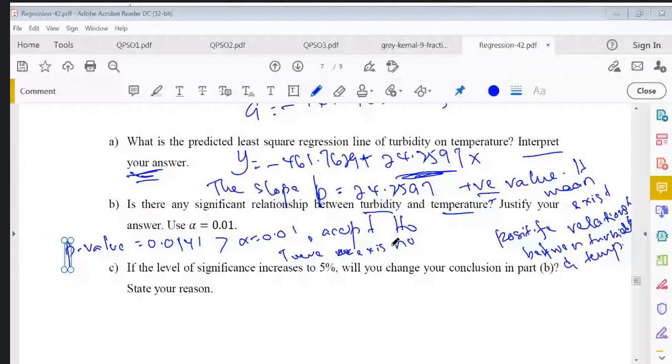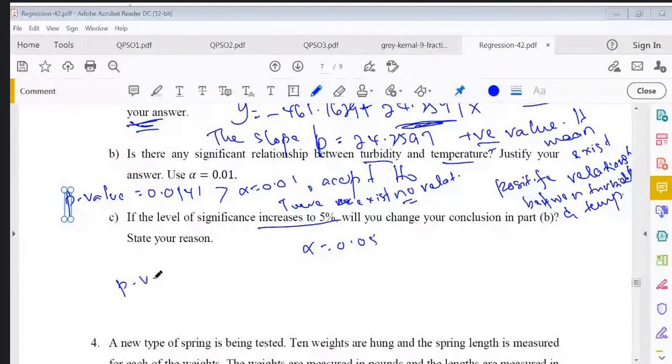The number C. If the level of significance increases to 5%, alpha is 0.05. The p-value is the same, 0.0141. Accept or reject for this one? If you see, this one is less than alpha, so reject. When alpha is increased, we reject H0.